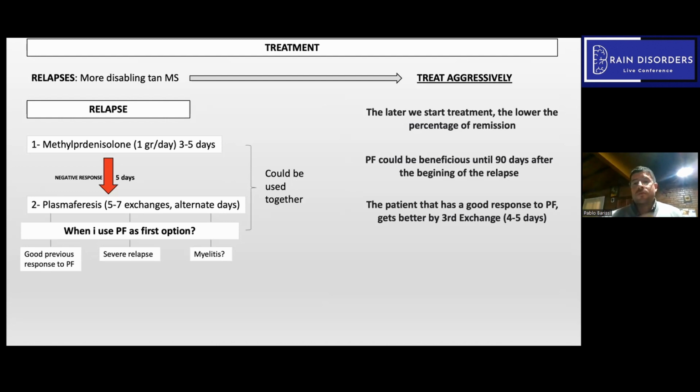But if we start the treatment at 90 days, there is very low capacity of the body to react better. The patient that has a good response to plasmapheresis gets better by the third exchange, almost by the fourth or fifth day. Next, please.